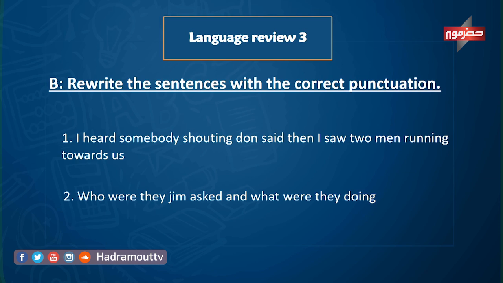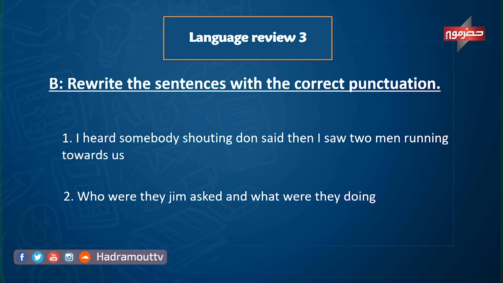I don't want to read it for you, but I want you to read it and think of it. Now listen. I heard somebody shouting, Dan said, then I saw 2 men running towards us. Punctuate it. Put the punctuation markers from the beginning to the end.